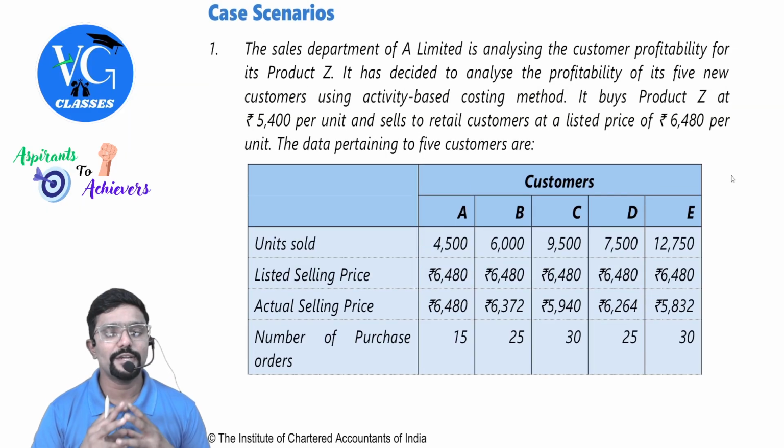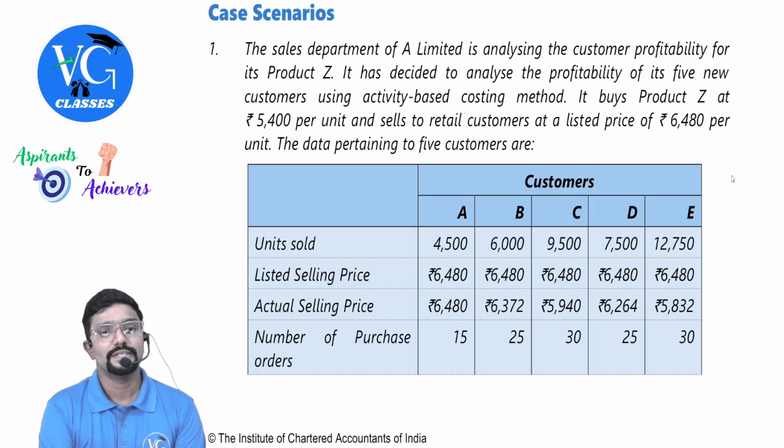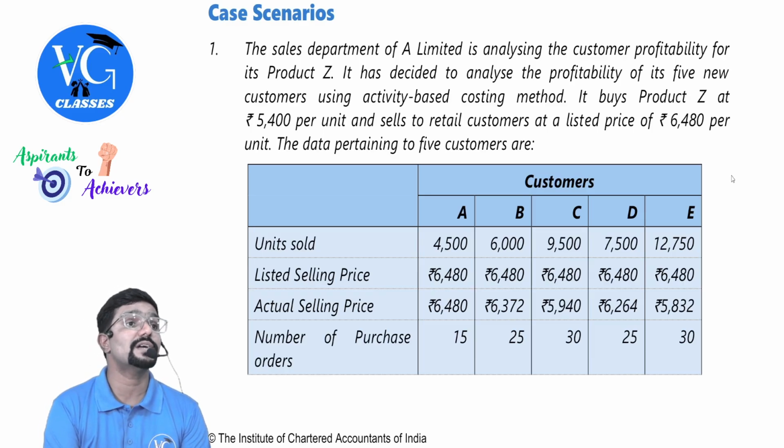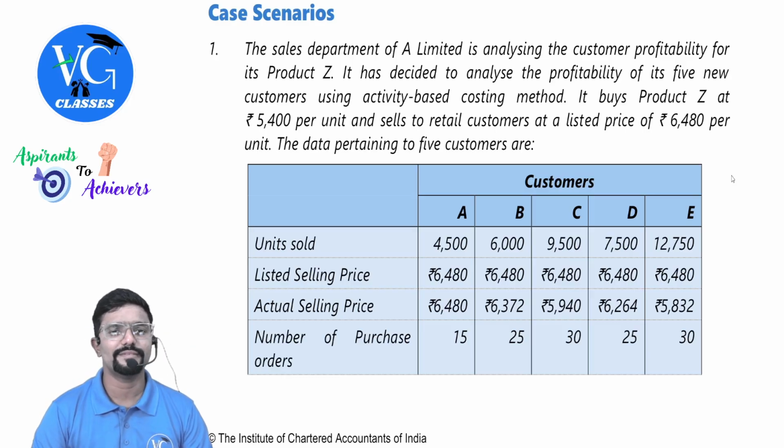The sales department of A Limited is analyzing the customer profitability for its product Z. It has decided to analyze the profitability of its 5 new customers using activity-based costing method. It buys product Z at 5,400 per unit cost of goods sold. Purchase cost is taken as cost of goods sold here. And sells to retail customers at a listed price of 6,480 per unit.